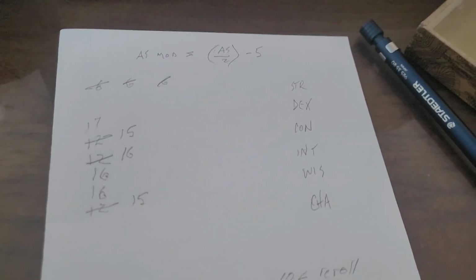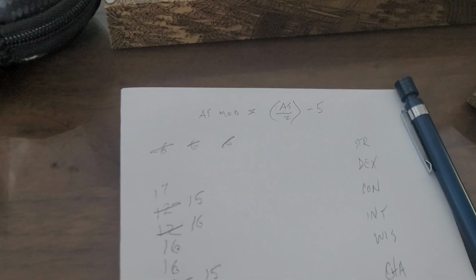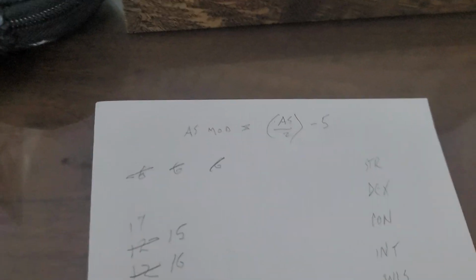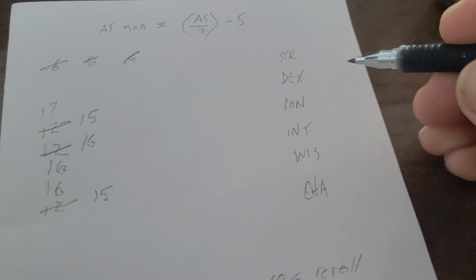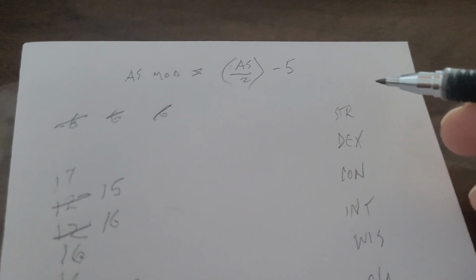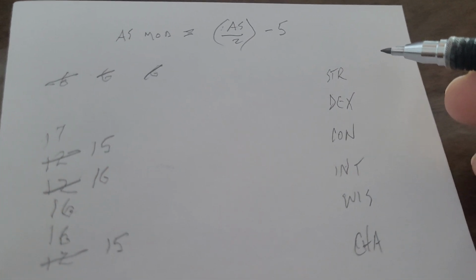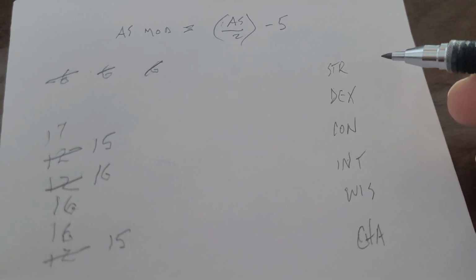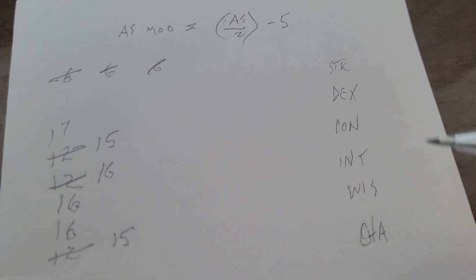All right, so the next thing to do is we assign our numbers. Depending on what character you want, you, of course, can determine which you want. A wizard doesn't need strength, or a sorcerer, so you might put the lower numbers there.